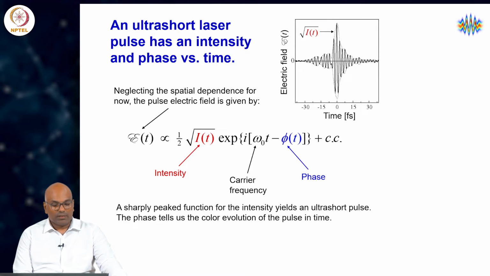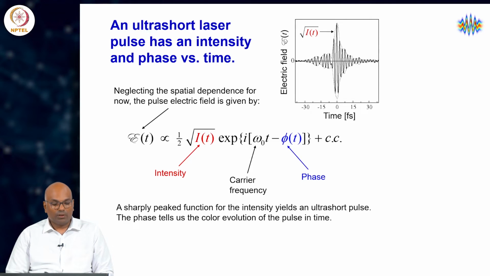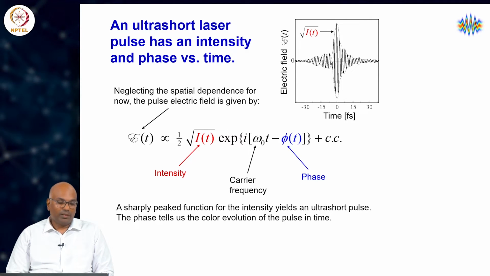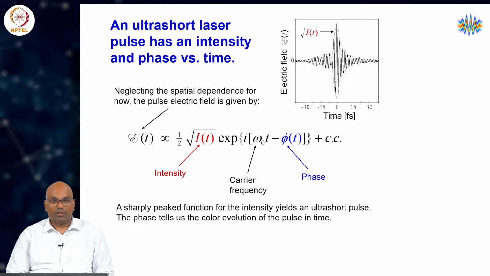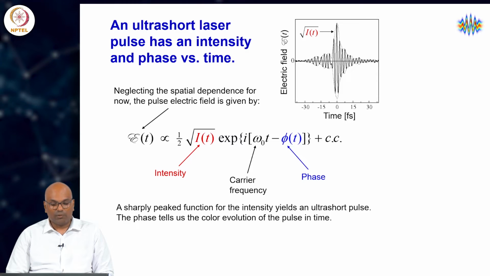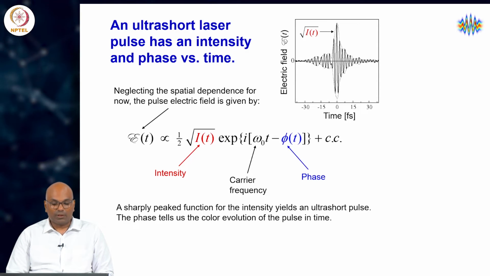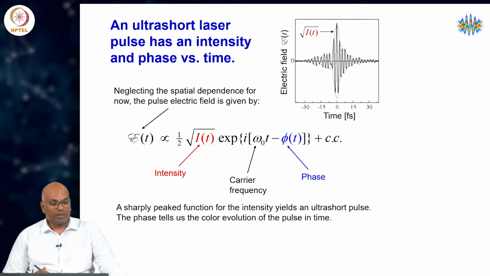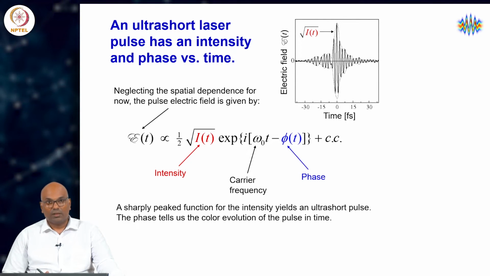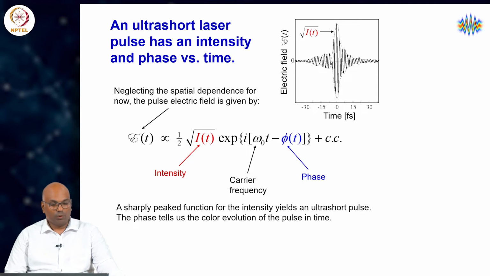But as always, pegging ourselves on to the time domain description of the real electric field of the pulse and describing this in terms of the envelope, which is the square root of I of t, the carrier frequency omega naught, and the phase function phi of t, which captures variations on slower scales of the phase than the carrier frequency, are the three important components.